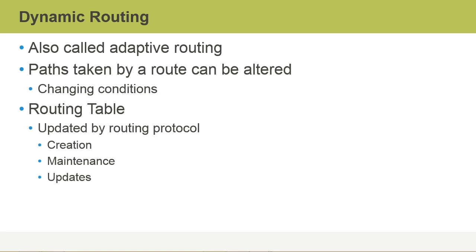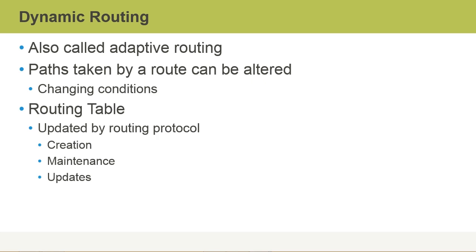The routing tables are updated by what we call a dynamic routing protocol. As an administrator that's going to use dynamic routing, one of the first things you have to decide is which protocol to use to implement it. There are many different routing protocols, each with their own advantages and disadvantages. What's important is that they're responsible for sharing the routing table information with other routers, and those routers create the routes within their own routing table.